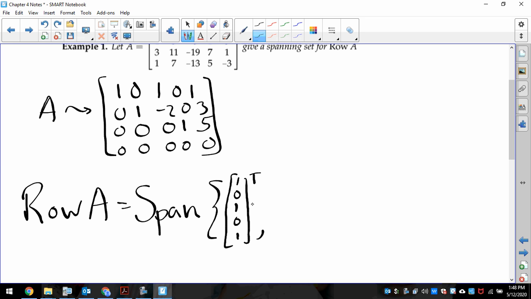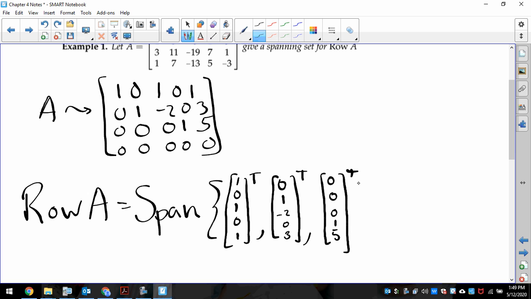So this transposes this 5 by 1 vector to be a 1 by 5 vector. So it's just a more compact way of representing a row. So these are the rows. I'm just writing them vertically. Okay, there we go. So this is the spanning set.